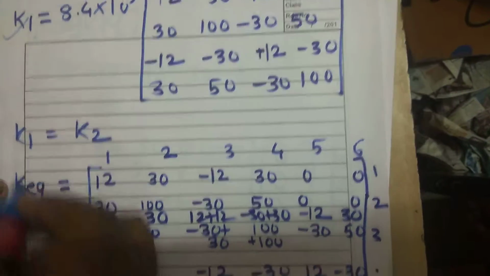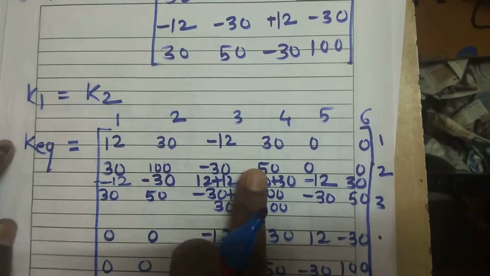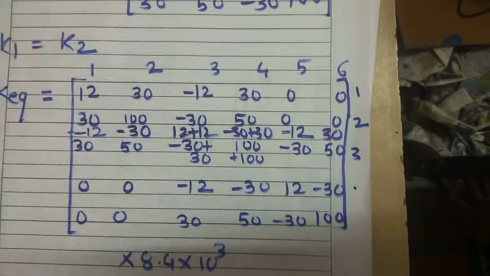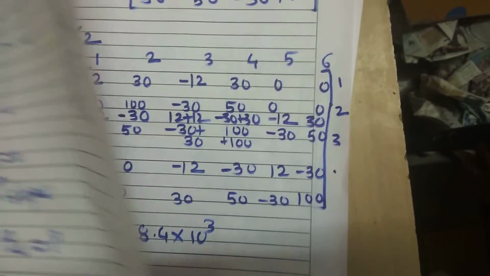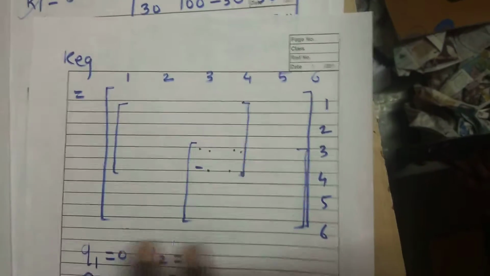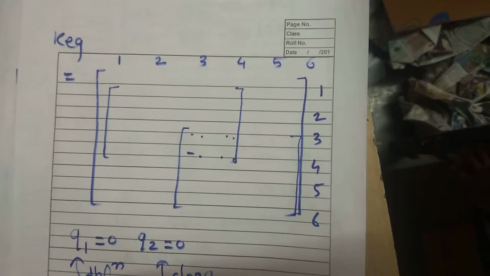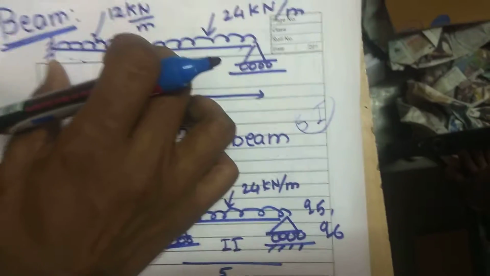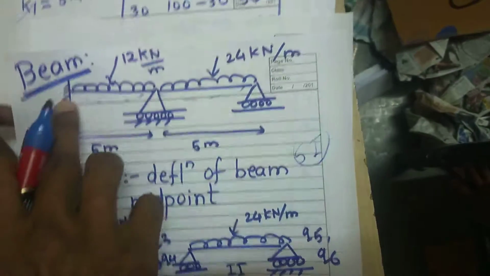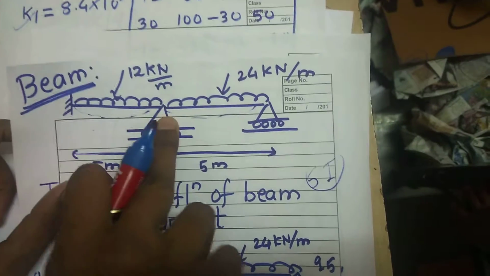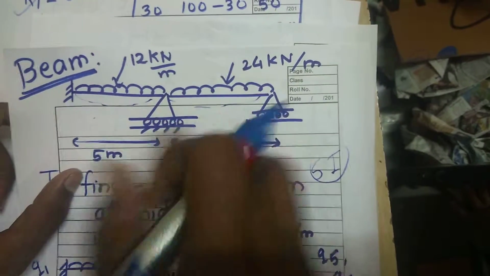Then we are going to form the global stiffness matrix. The global stiffness matrix will be obtained by adding K1 and K2. Here we have two elements and three nodes. Here is one node, this one is second, and this one is third.